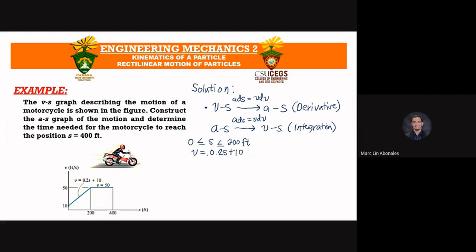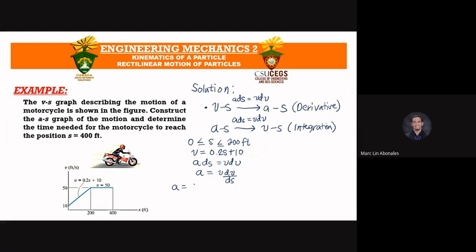So using the kinematic equation, a ds is equal to v dv, we will just rearrange the equation. We divide by ds, so that will be a is equal to v dv over ds. And what happens here, we just substitute the equivalent of v.